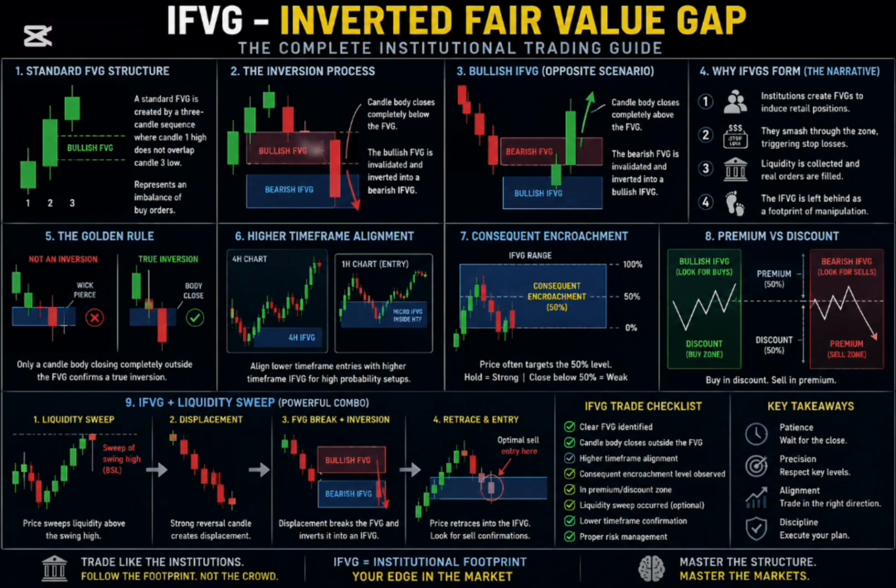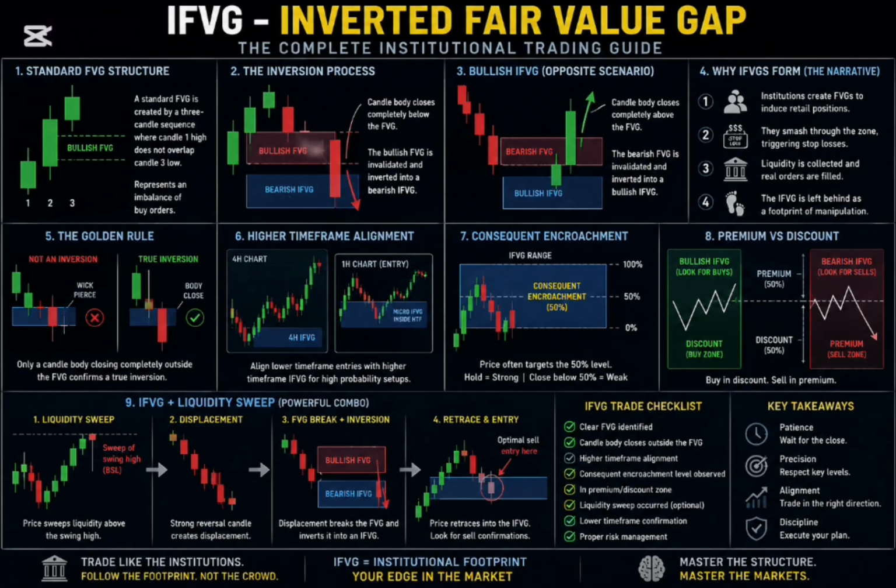When smart money wants to accumulate a massive position, they need counterparty liquidity. They purposefully engineer standard fair value gaps to induce retail traders into taking positions. Retail traders see the gap, place their orders and put stops right outside the zone.